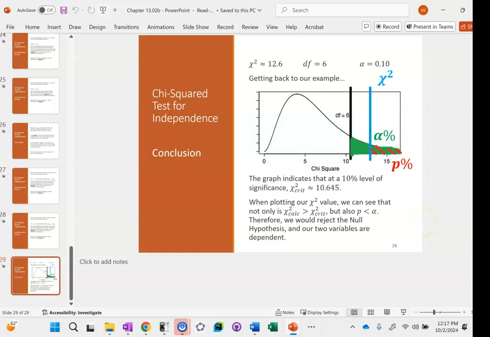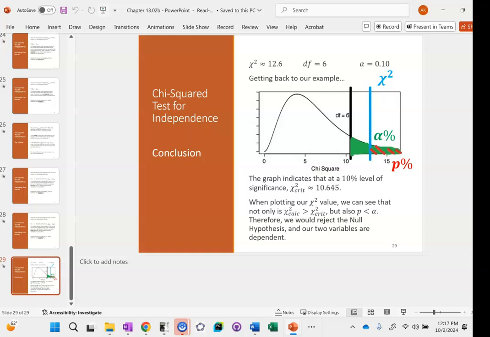Which category ended up contributing the most to my chi-squared? It was this one. More than 7 hours and greater than 4 GPAs was the observed count that was furthest from the expected count.